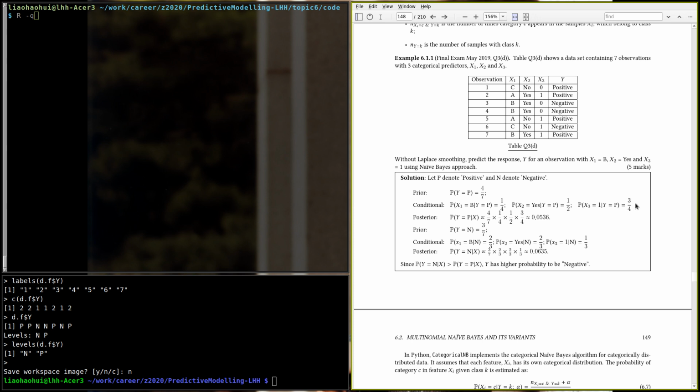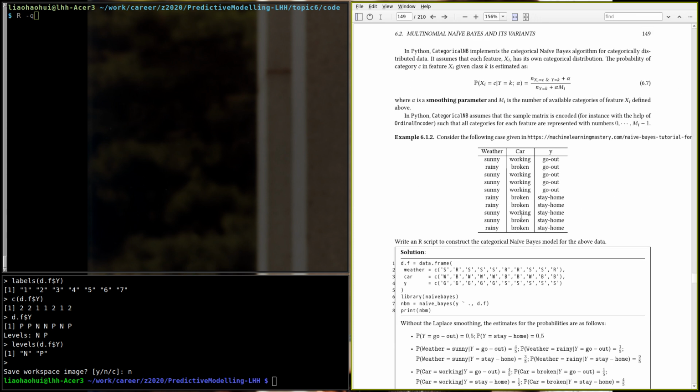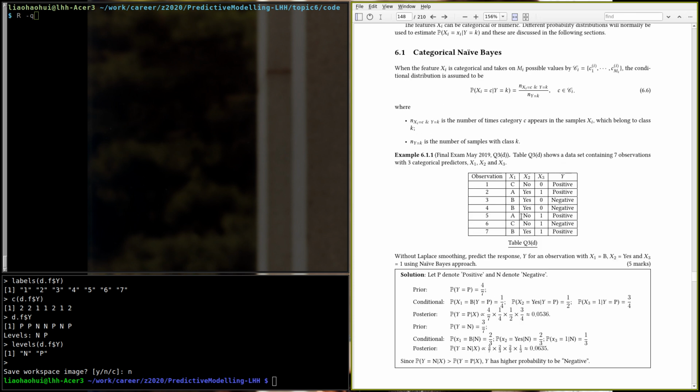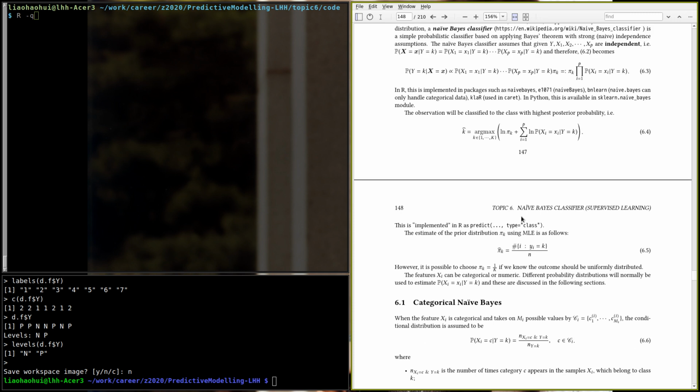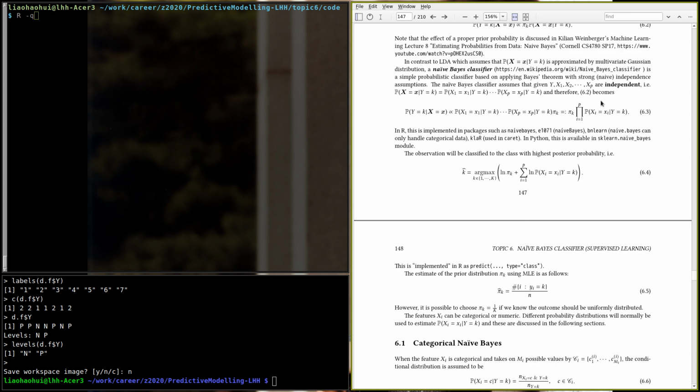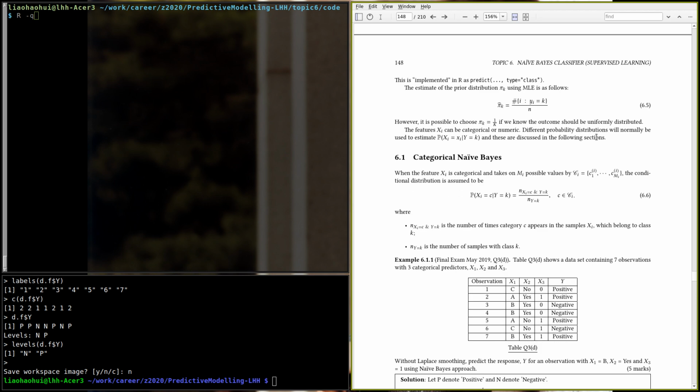And there are 3 ones here, so it's 3 over 4. The posterior distribution is proportional to just the multiplication. If you look at formula 6.3, it's just a product of them.